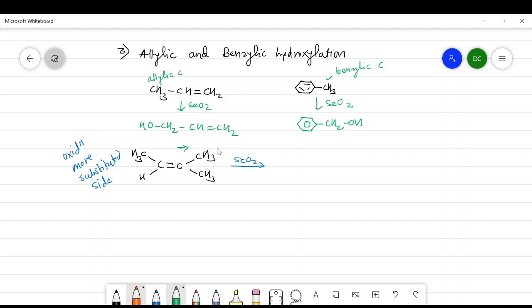Therefore, the hydroxylation may occur at this carbon or this carbon. So we will write two products. First product is CH3CH double bond C. Then suppose oxidation occurs at this side, then this CH3 is converted into CH2OH. And the second product I will write CH3, H, then double bond. Here CH3 remains as it is, and here we get CH2OH.